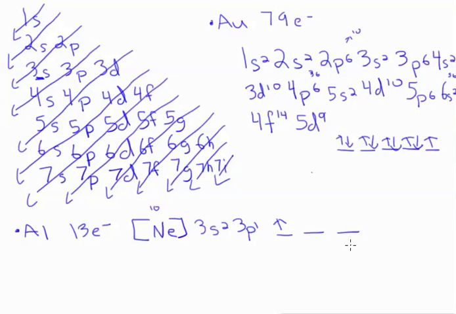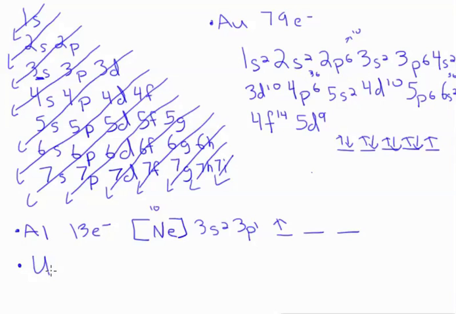Let's do one more of these noble gases. Let's do uranium. It has 92 electrons. Now, if you look at your periodic table, uranium is in the F block, the parts we've brought out.